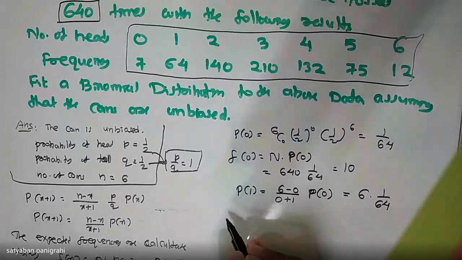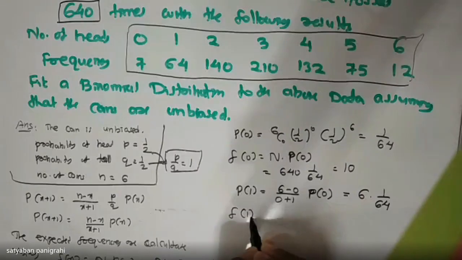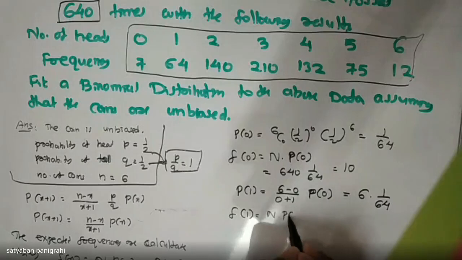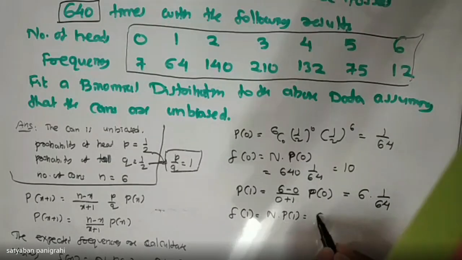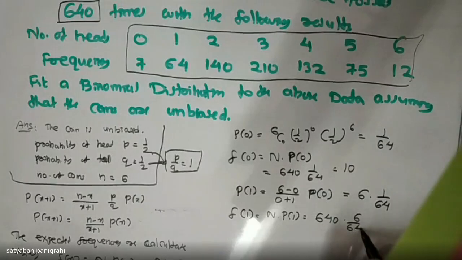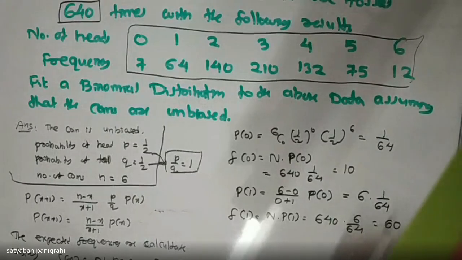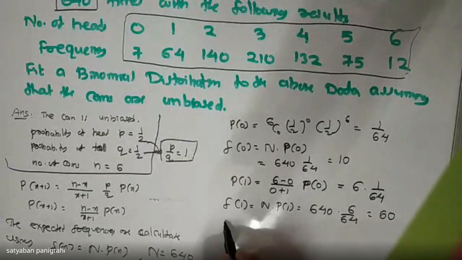Next, F1 gives N into P of 1, that is 640 into 6 divided by 64. This gives 60. Knowing this, again you can go for P of 2.